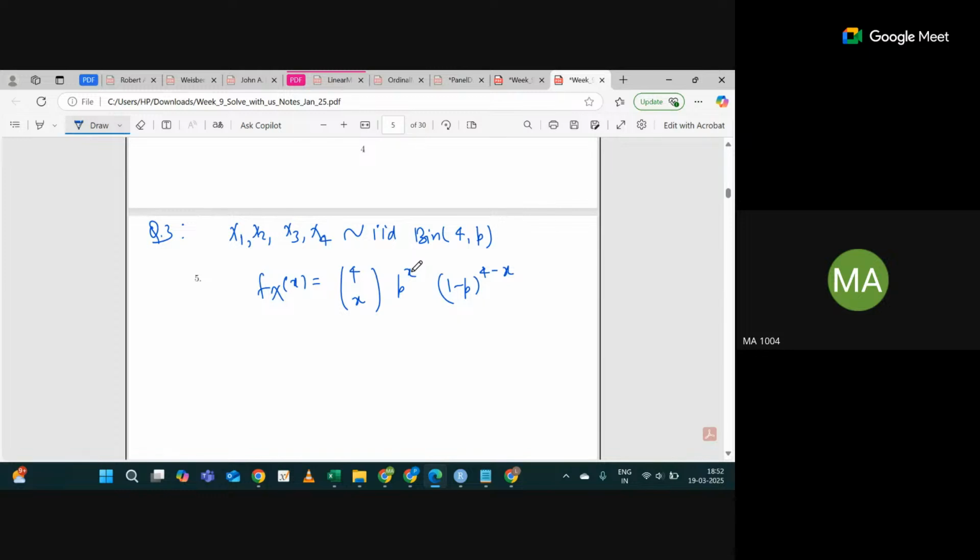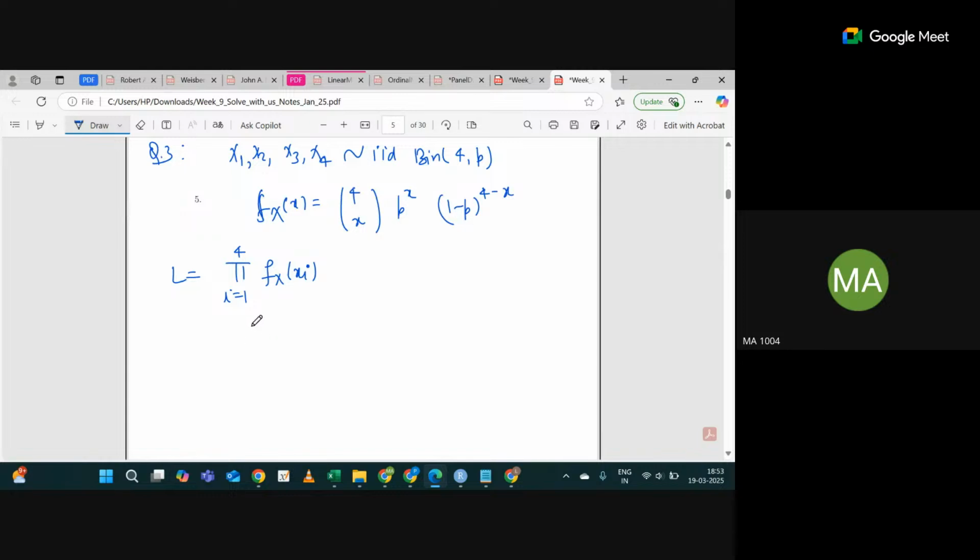Okay, so what is the likelihood first of all? Likelihood will be the product for i equal to 1 to n, so here 4, of f_X(xi). Do not always treat this f_X as a PDF. If your x is discrete, it will be PMF. Otherwise, it's a PDF.